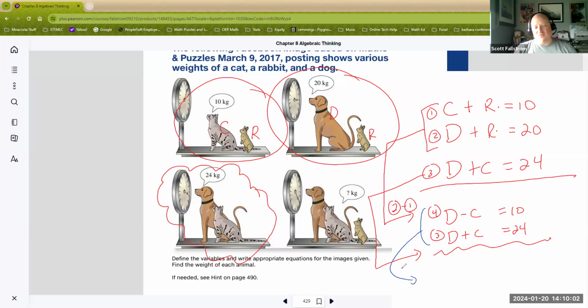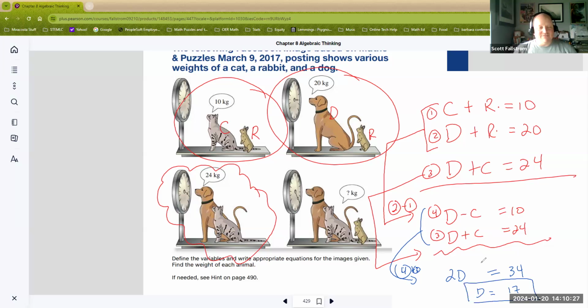Equation 4 plus equation 3: D plus D is 2D, negative C, or a minus C, because we're subtracting, then you add it back in, those eliminate, giving you 0, and when you add the pieces over here, we get 34. So finally, we get to the end, and we can use the division property of equality, divide by 2, and we get D is equal to 17.